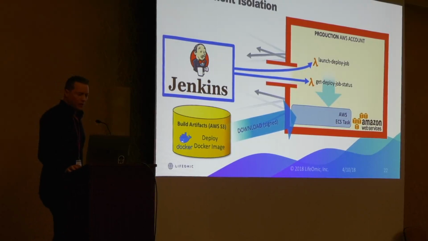So the deploy job downloads the build artifact and then launches the deploy container in the ECS cluster. Here it downloads the Docker images, it runs it, and then eventually that job is going to complete.